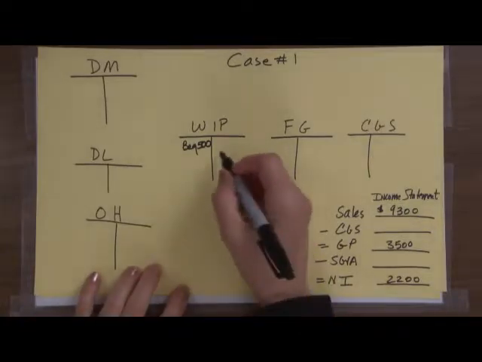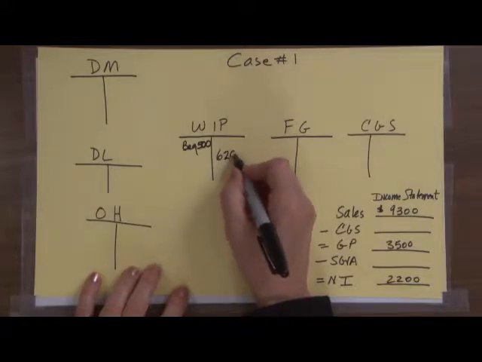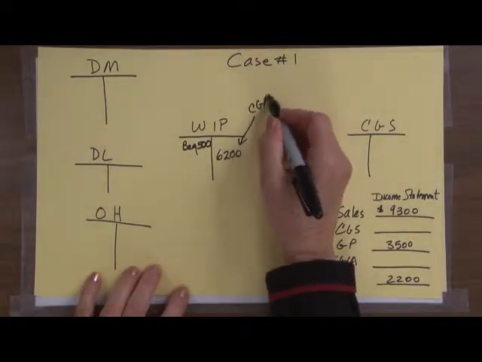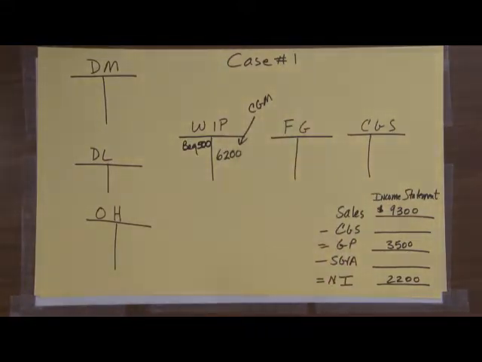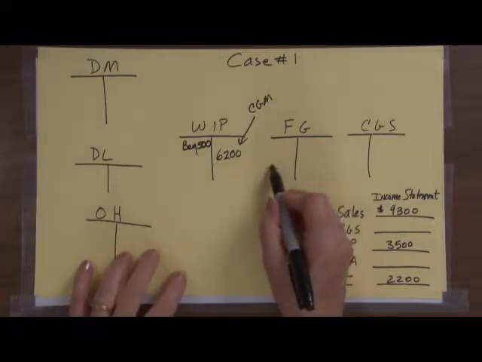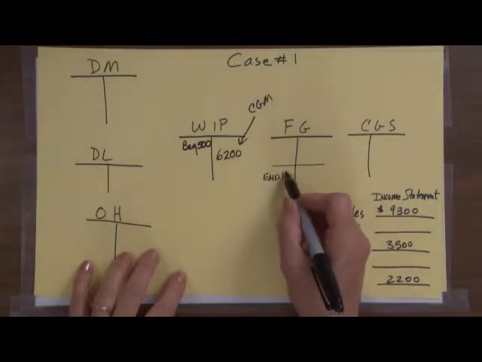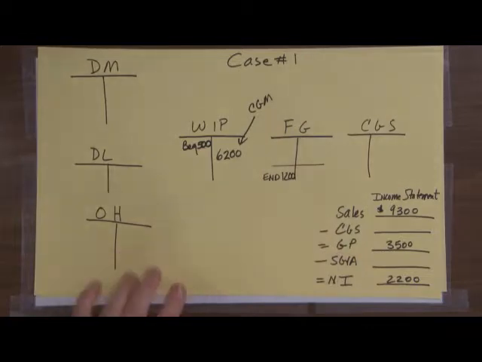$6,200 was our cost of goods manufactured, which is the cost of the goods completed during the period. That's why the cost is being shown on the right side of the work in process account. We were also told that ending finished goods, we'll draw the line there, would be $1,200.